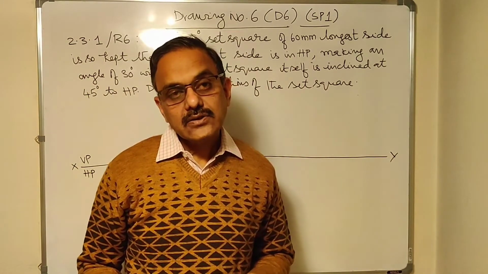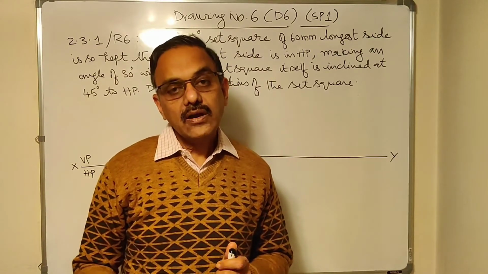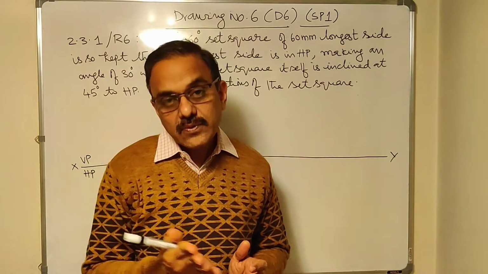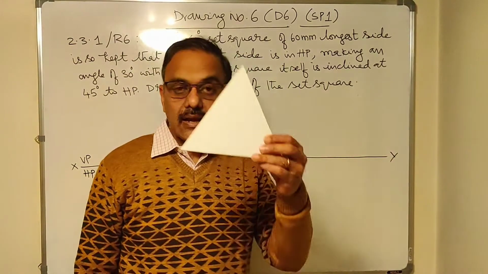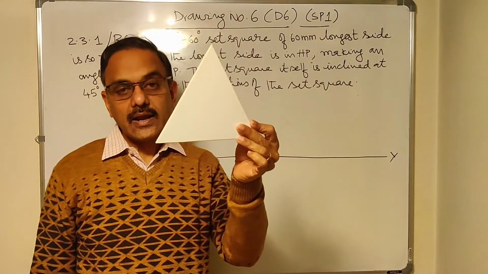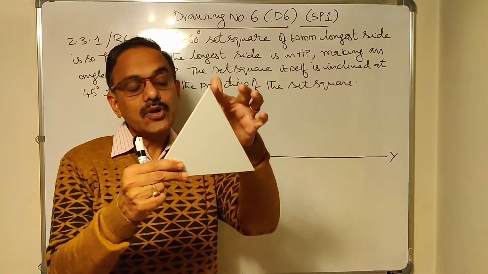I said simple position 1 has 2 conditions to be satisfied. One is one edge should be on HP. The second is the surface should be inclined to HP. This is a triangular lamina, say an equilateral triangle, and let us say this is the hypotenuse.